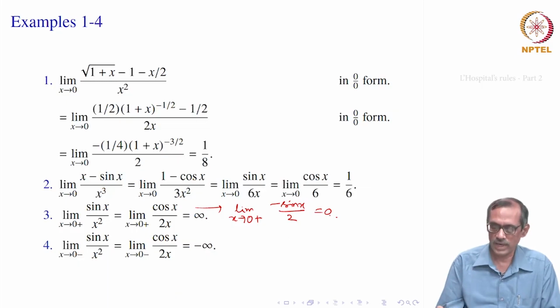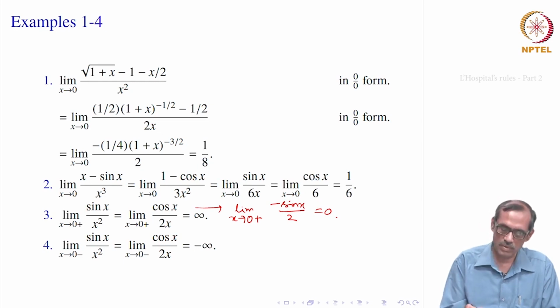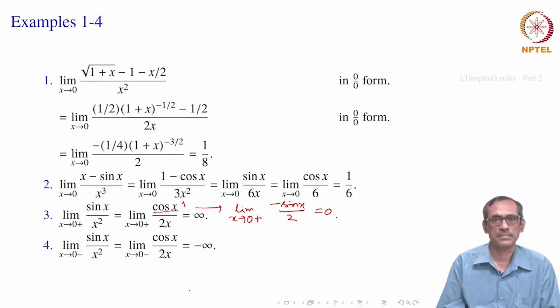So, what is wrong? Why does it give 0 and why does it give infinity? There is a simple reason. The reason is, when you apply L'Hopital's rule, you must see that it is in 0 by 0 form. Now, when you use cosine x as x goes to 0 plus, cosine x really goes to 1. So, it is not in 0 by 0 form, fine, and that is exactly the reason.